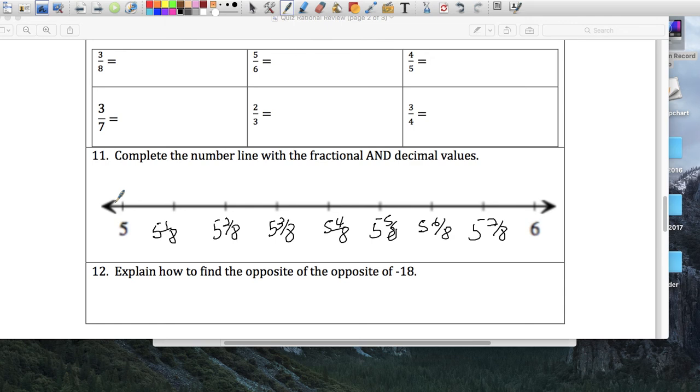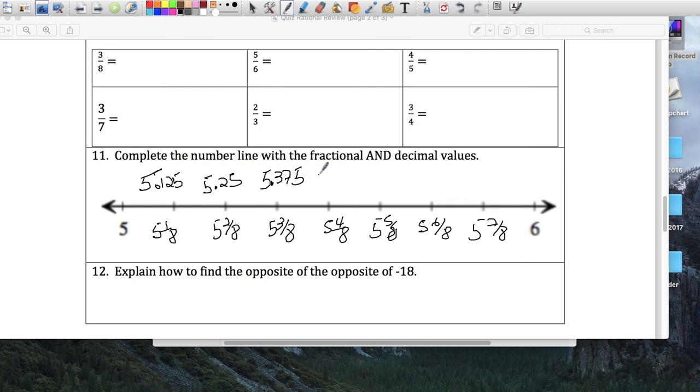As a decimal, you're going to have to write 5 and 1/8 equals 5.125. That's my equivalent. 5 and 2/8 equals 5.25, because it's the same thing as 5 1/4 if you simplify. 5 and 3/8 equals 5.375.